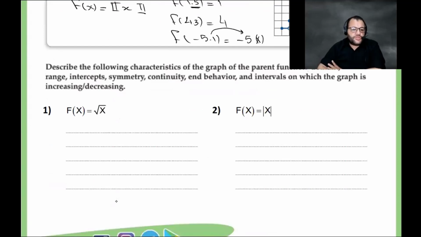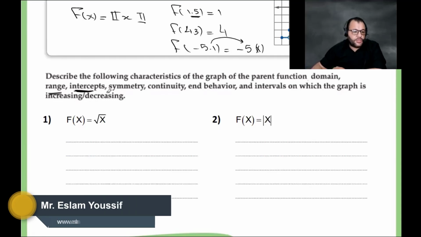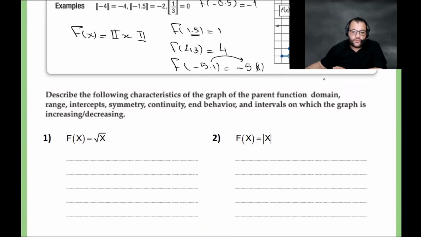So now we need to describe the following graph. We need to identify the domain, the range, the intercepts, the X-intercept and the Y-intercept, the symmetry, the continuity, the end behavior, and the intervals on which the function is increasing or decreasing. I will list them for the first function that we have, f(x) equals the square root of x.